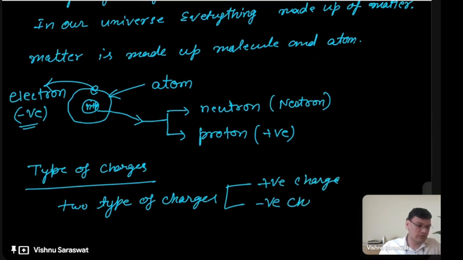You can clearly see here that the atom consists of electron, proton, and neutron, and the nucleus consists of neutron and proton, where neutron has no charge and proton has positive charge.